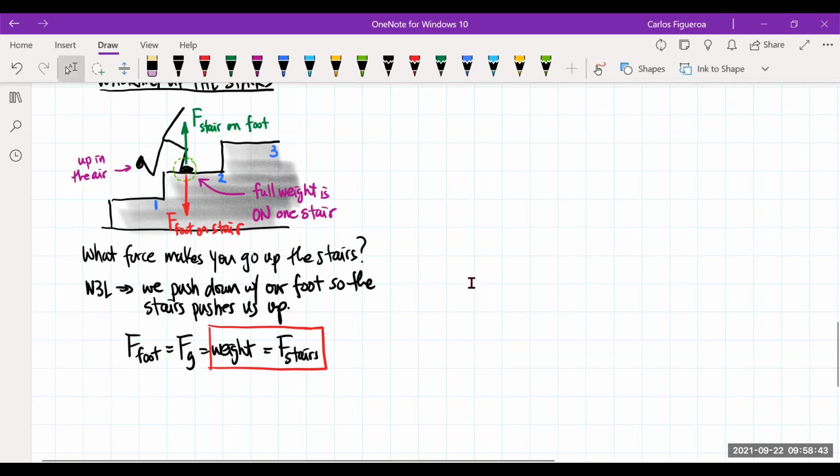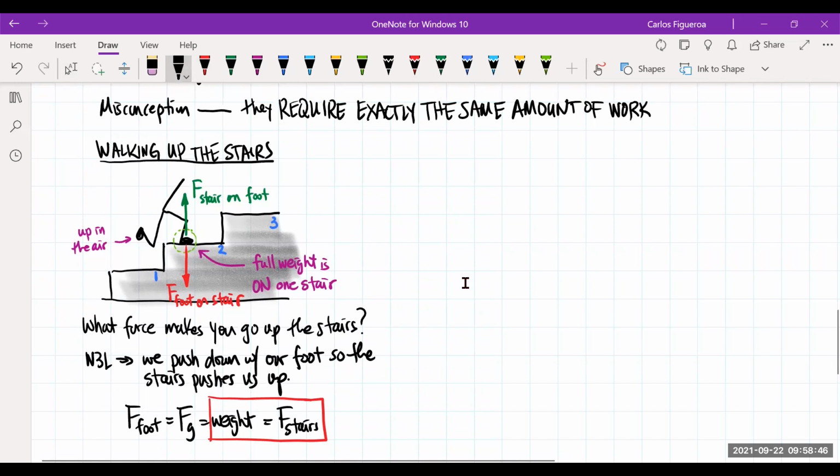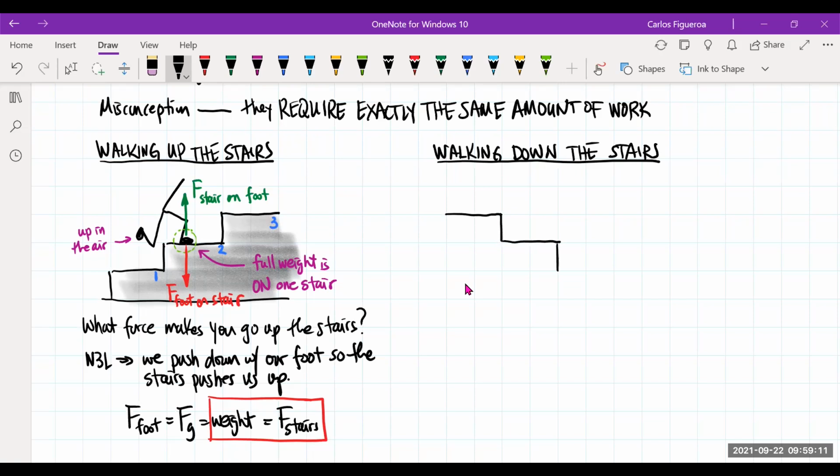Now let's go down the stairs here. So now we need to be walking down the stairs. I need to do something similar. I need to set up the stairs. So let's set up my stairs. When I look at my stairs, I've got to come down the stairs.